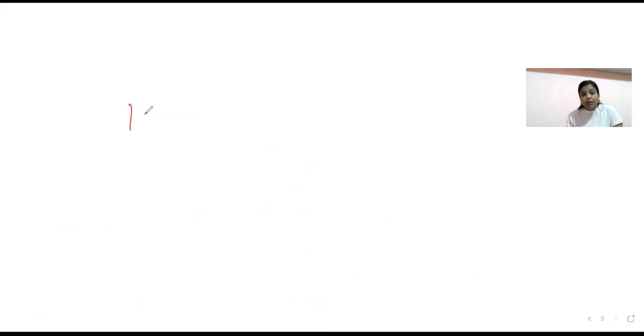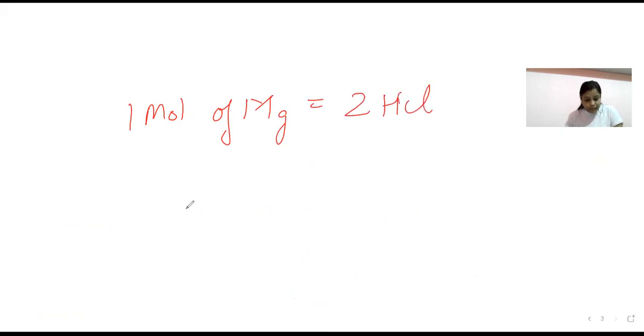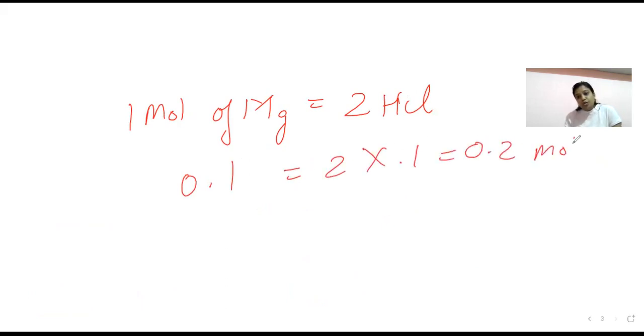Now, according to the equation which we have written, 1 mole of magnesium needs 2 moles of HCl. So according to the given weight, 0.1 mole needs 2 into 0.1, which is 0.2 mole of HCl.